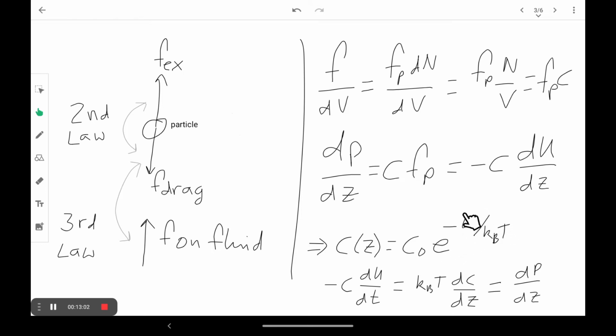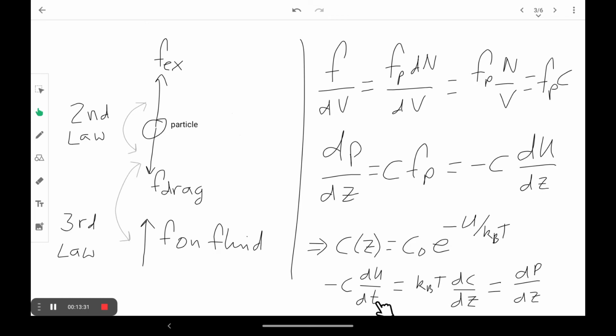Chain rule up into the power, and so the derivative of the exponent with respect to Z would bring down a minus 1 over kBT. Okay, that left me with the C0 and the exponential. That's C. I get that back. You always will with an exponential. And then the chain rule gave me the dU/dZ, which is right there.